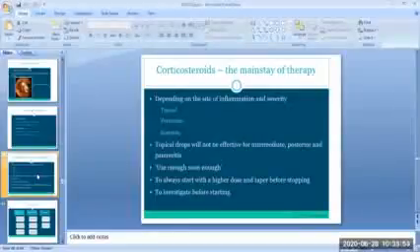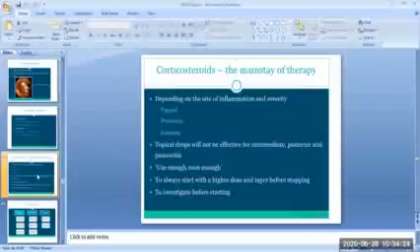Topical drops will not be effective for intermediate, posterior, and pan uveitis. There is a rule in the use of corticosteroids: use enough, soon enough. So we have to do a short duration course of the corticosteroids, and always start with a higher dose and taper before stopping.